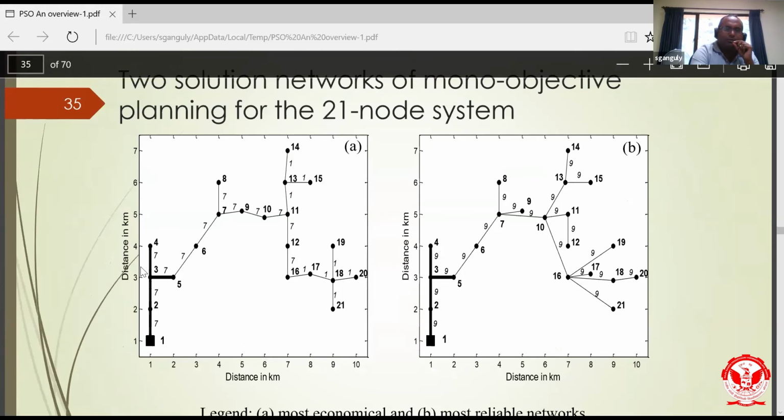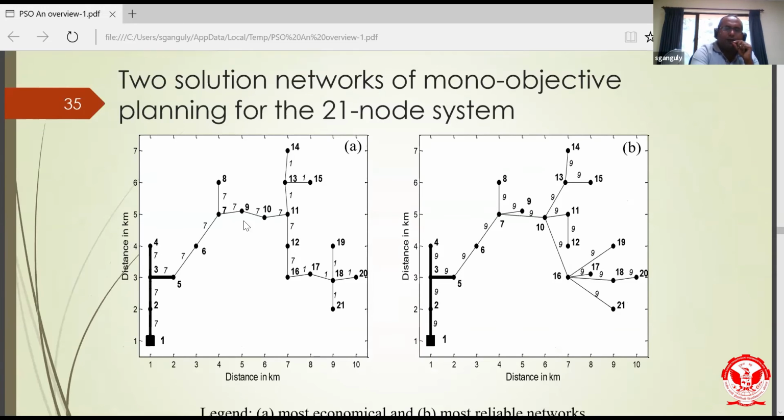As you have seen, the bold lines represent the existing network, and this is the network we got from this algorithm. The italic values I am showing are the conductor sizes, which indicate which type of conductor is assigned there.